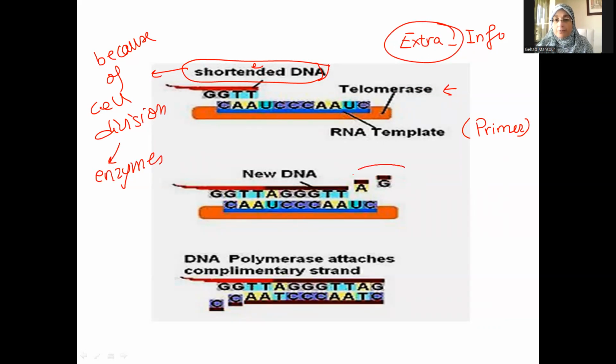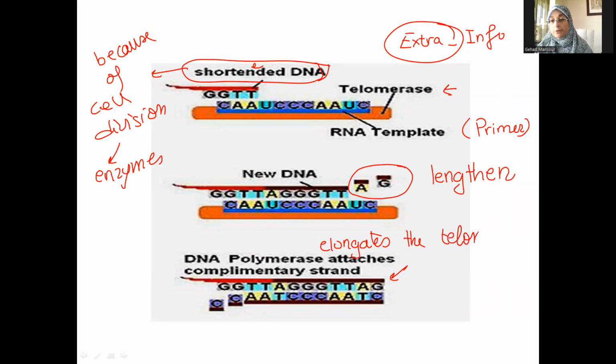And here are the efforts of the telomerase enzyme to lengthen the DNA that has been shortened. So it brings the bases, like as you see here, it is again the DNA polymerase that elongates the strand, that elongates the telomere, that repairs the telomere.